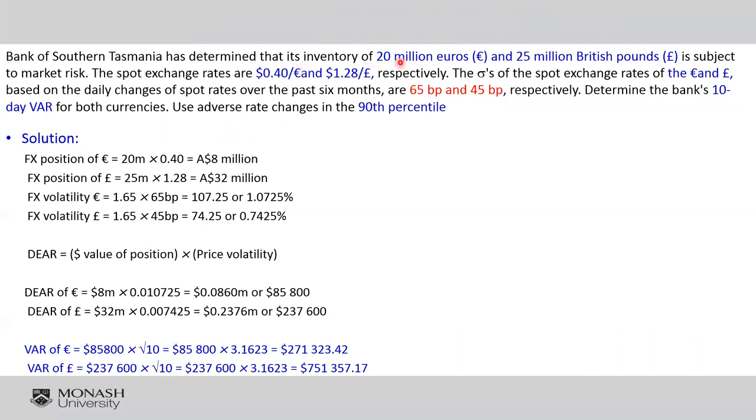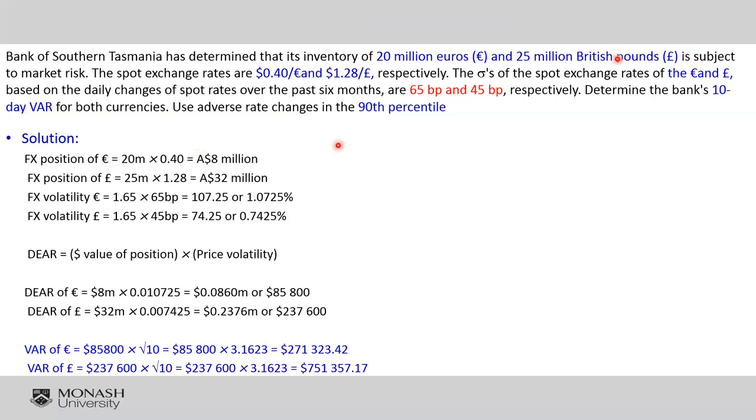So take this example. If I have 2 holdings, I have euro, I'm an Australian company, for example, and I have euros and British pounds. I have 25 million of British pounds, and I have 20 million of euros.